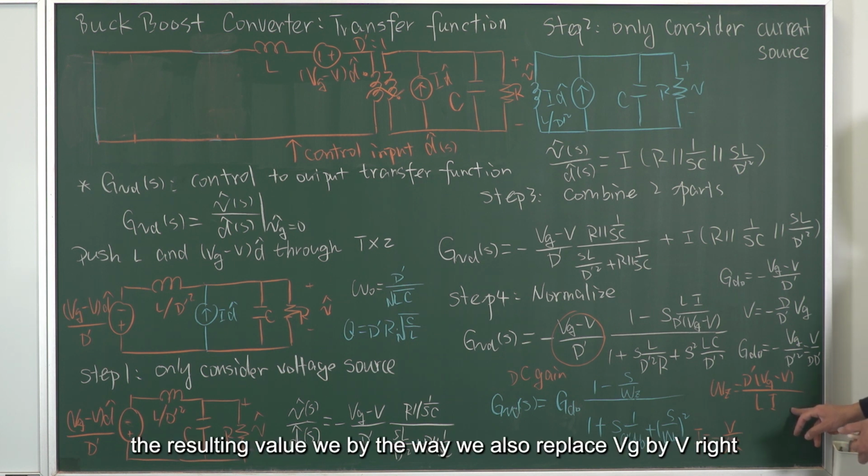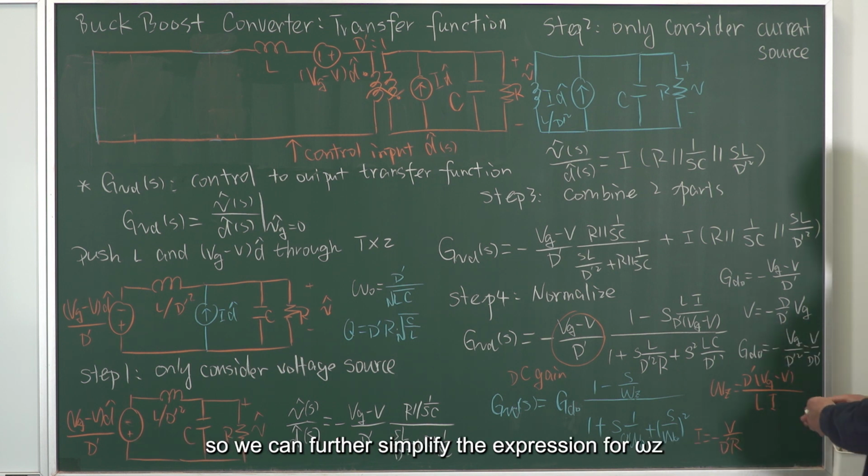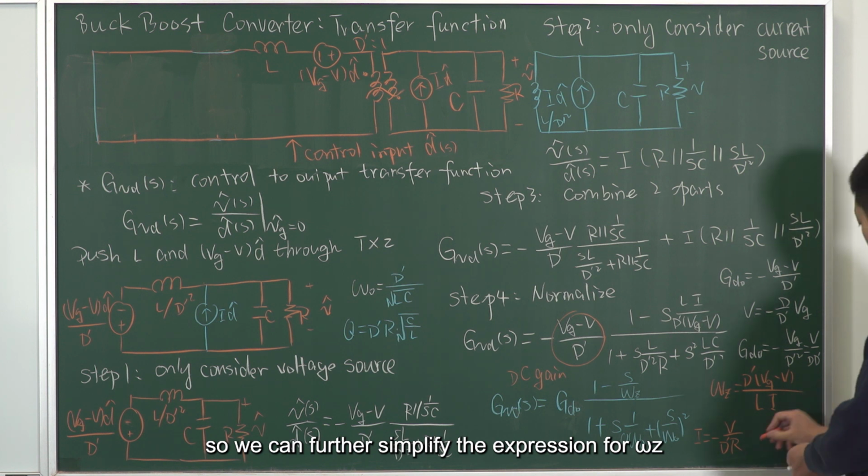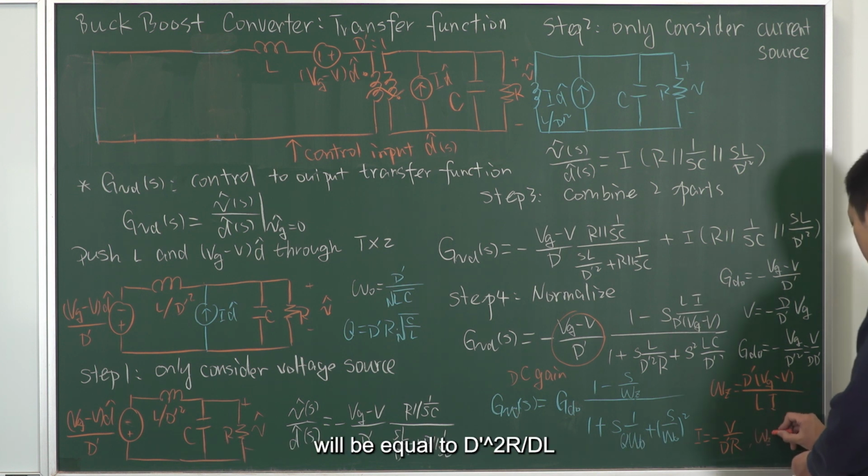By the way, we also replace Vg by V. So we can further simplify the expression for omega z, which will be equal to D prime square R over D L.